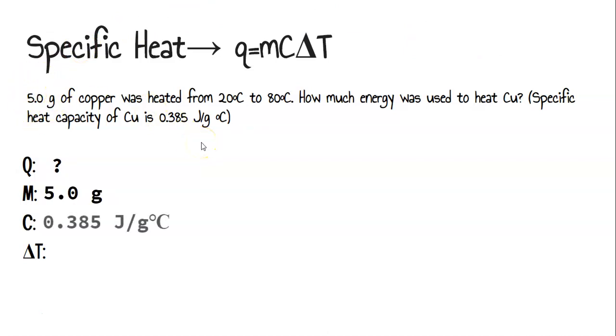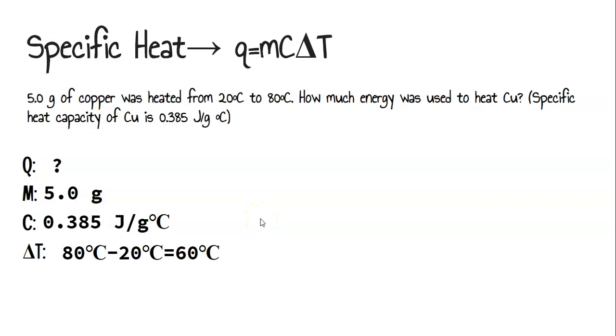Our specific heat is 0.385, and that was given to me. Again, if not, I can look at my reference table. And then my change in temperature is I start with my final, which is 80, minus my initial, which is 20, to get me 60. So then I just plug it into my formula.